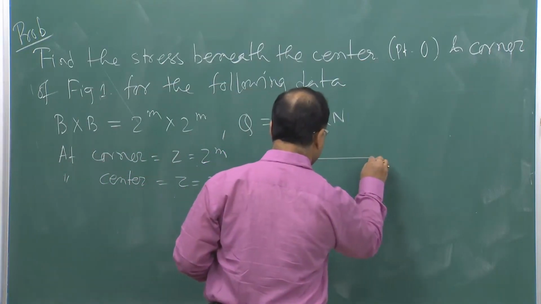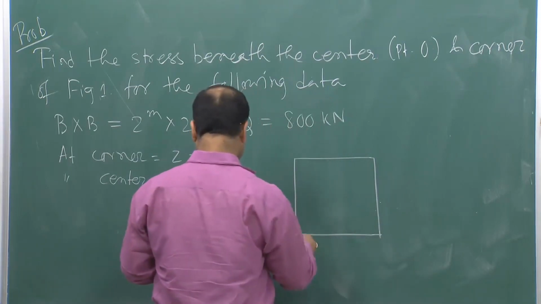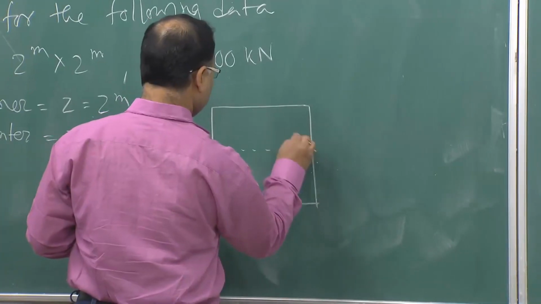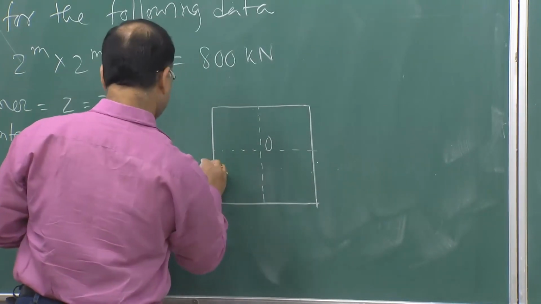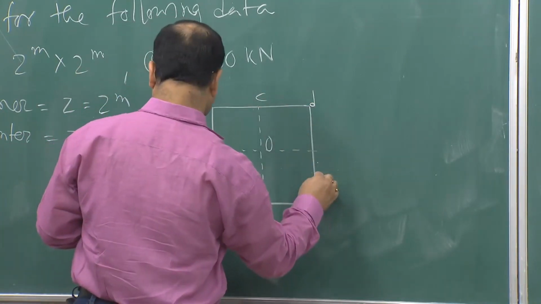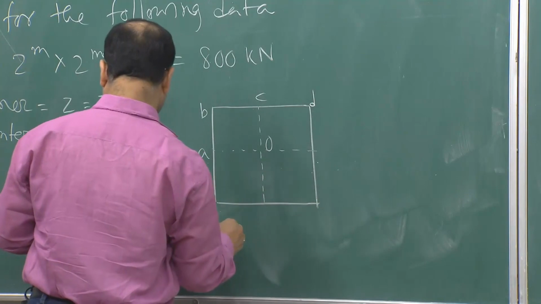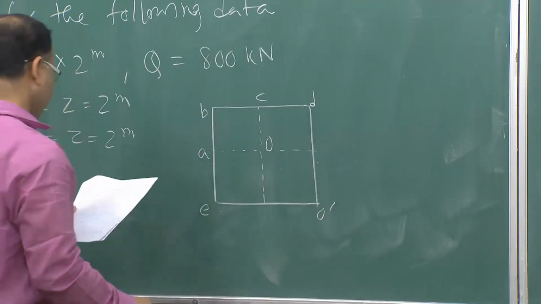This is your figure 1, square area A, B, C, D, E, O prime.